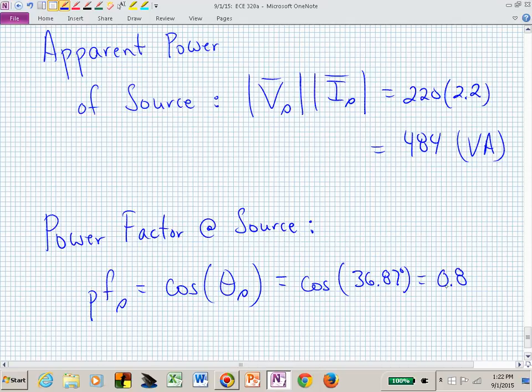Am I done? Cosine of the angle. What else? I need to tell you whether it's lagging or leading, where that current is lagging or leading. Is it lagging or leading? This was positive, wasn't it? Which now says, I'm running out of room, that that power factor was lagging.